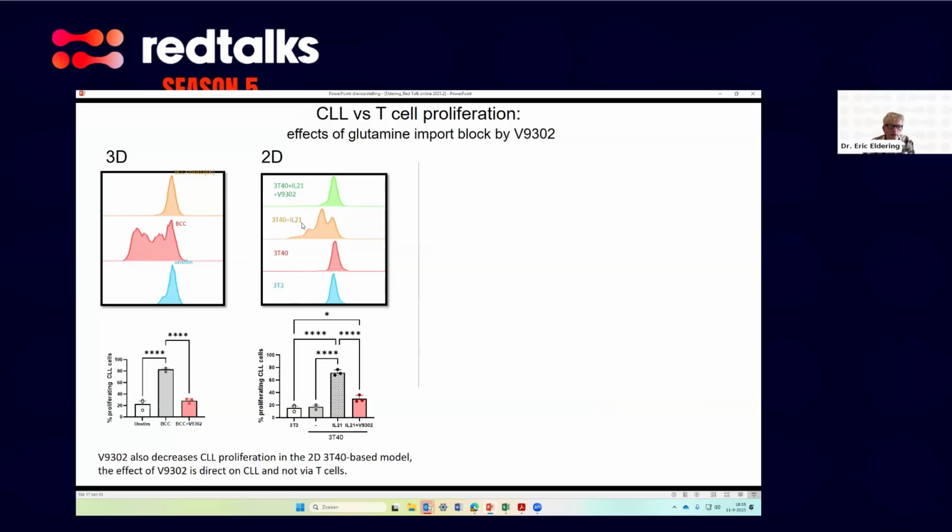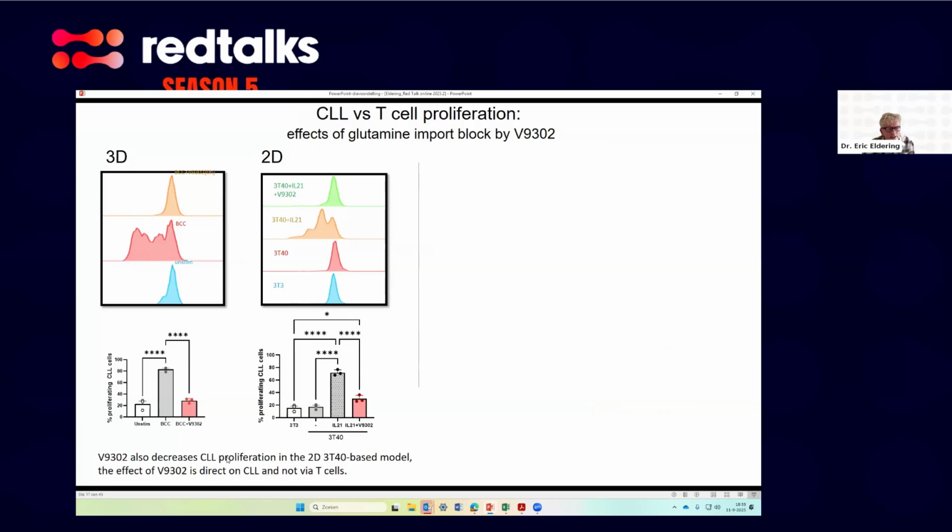This makes the cells proliferate to a lesser extent than in the 3D system, but this is the system we used in the past. And if we now add the inhibitor, as I've shown you, in both systems, there is a complete block of proliferation.